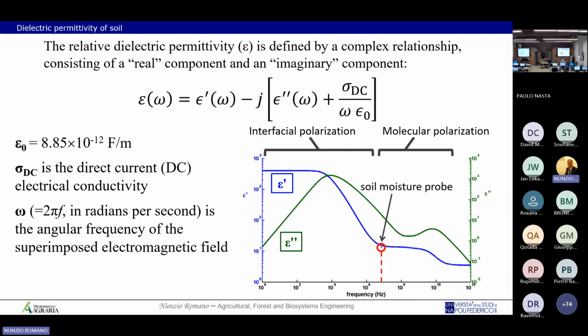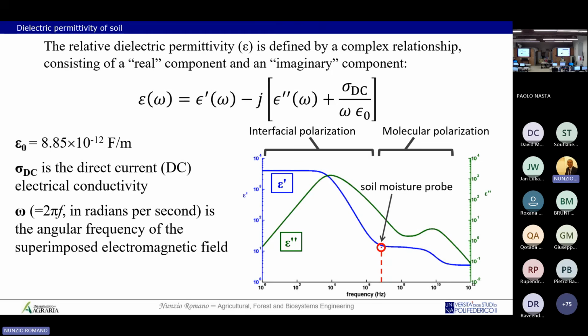And what is interesting in the graph on your right: the blue line is the pattern of the real component of the permittivity as the frequency increases.